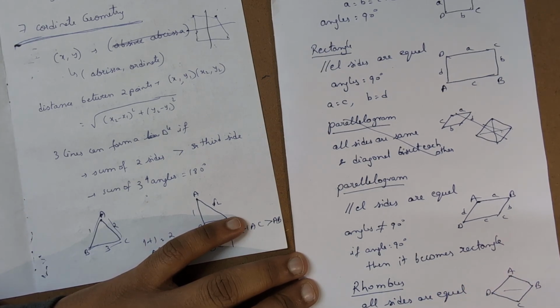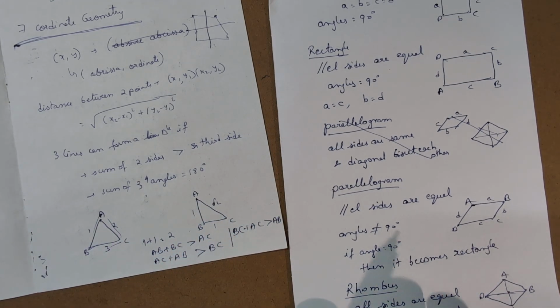But here diagonals bisect each other. That is, this point is the midpoint. So all four you should remember, because if any question is asked, if 4 points are present, whether it is a triangle or square or rectangle or parallelogram or rhombus, you need to figure it out accordingly.